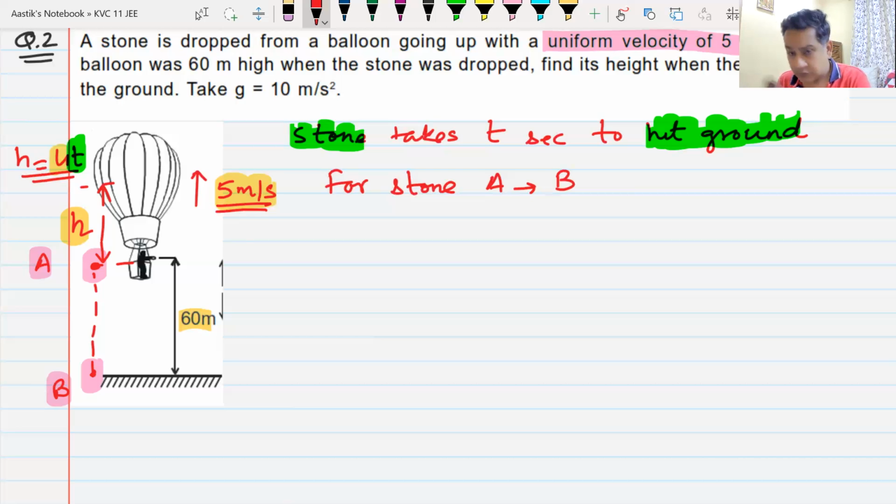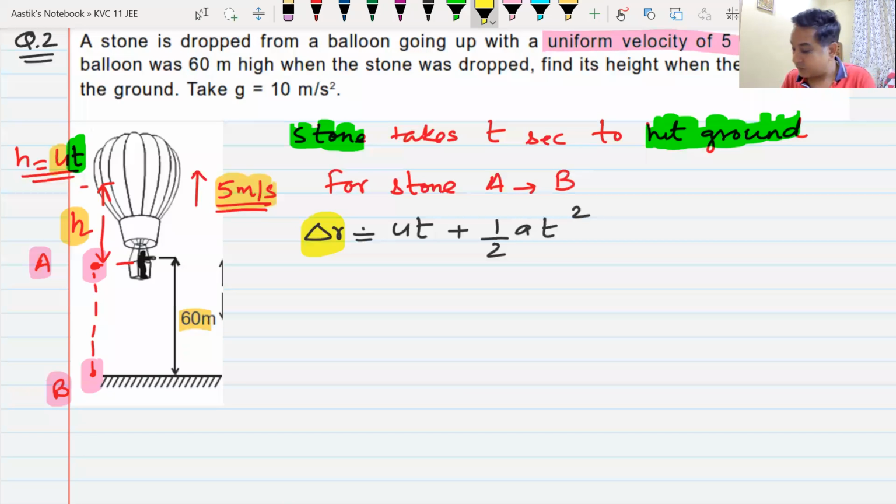Displacement. Do you know how much is that? 60 meters. That's it, or something else we should do with it? What type of quantity is displacement?